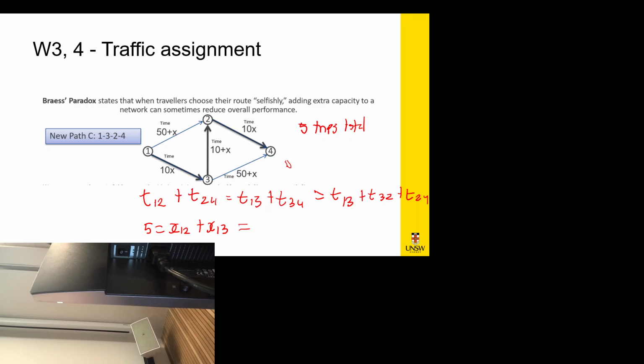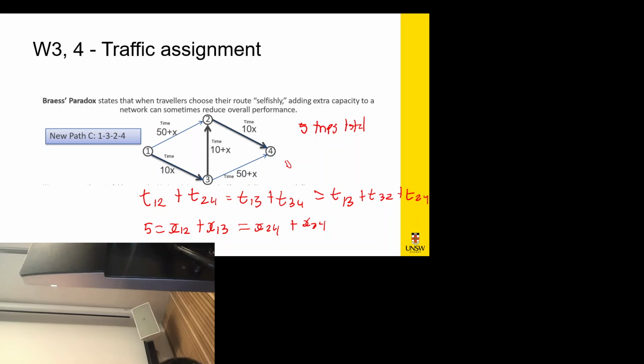All the demand must go through the origin and all the demand must arrive at the destination. So that's equal to x 2 to 4 plus x 3 to 4. So you can see here very clearly, 5 is equal to that plus that in terms of flow, and that's equal to that plus that.